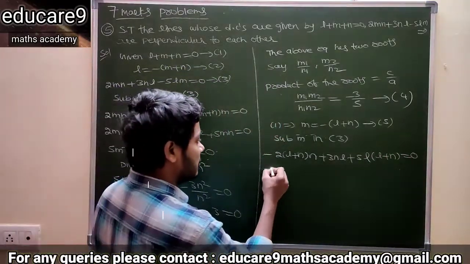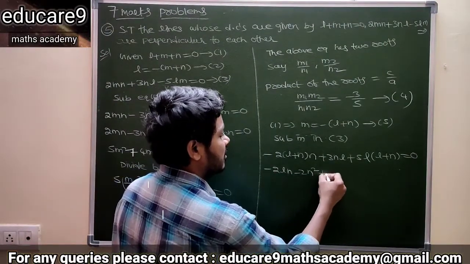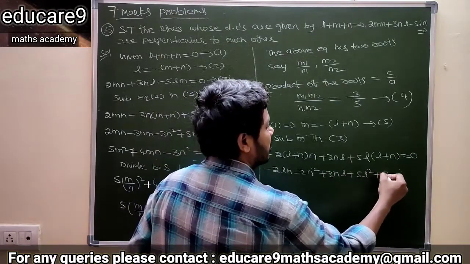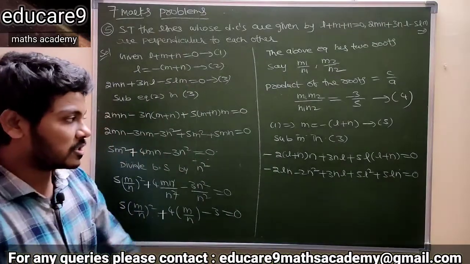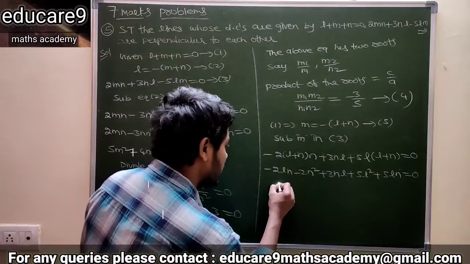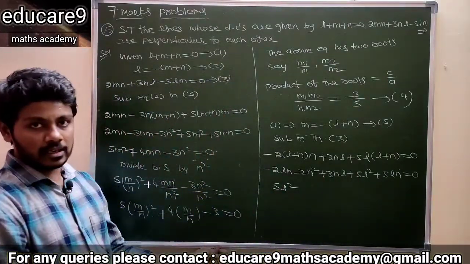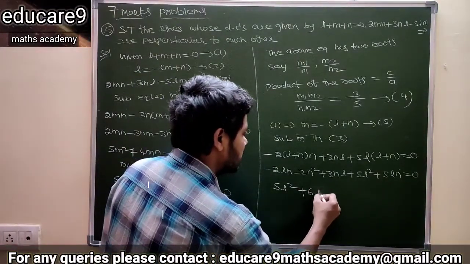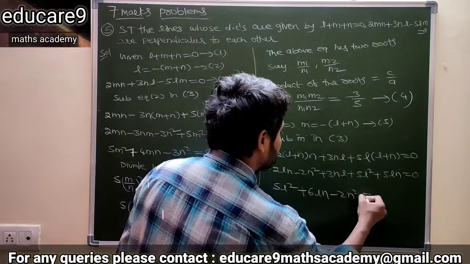Now this is -2ln - 2n square + 3ln + 5l square + 5ln = 0. So first write the l square term, 5l square, then 5ln + 3ln - 2ln, we get 6ln - 2n square = 0.